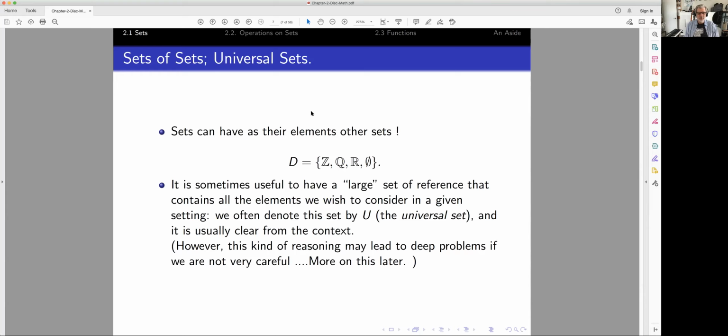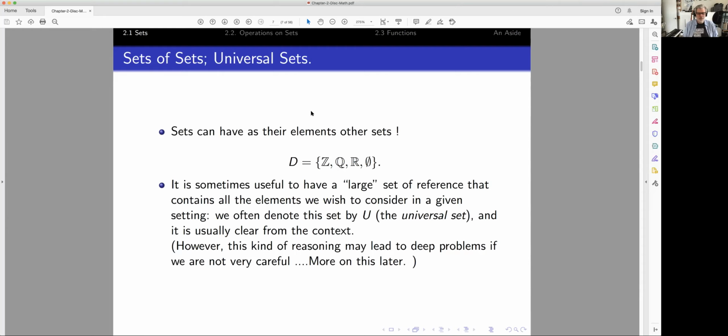But anyway, it's often very convenient to have a set of reference which contains all the elements we're interested in a given situation. Okay, this we will call the universal set. It depends on the context. So it's really tempting to say, well, let's talk about the set of everything.